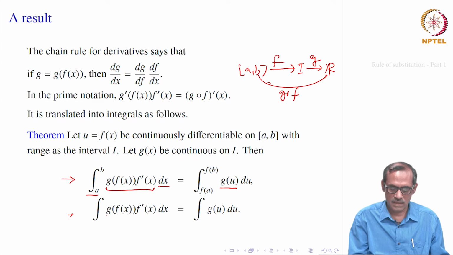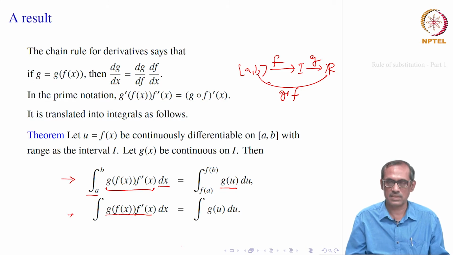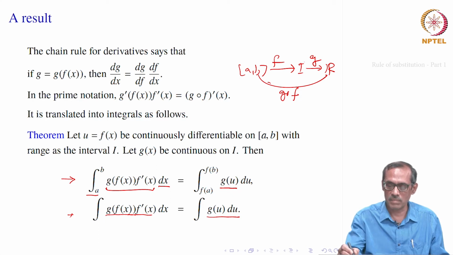The indefinite integral of g of f of x, the composite function, times f prime of x dx is the same thing as the integral of g of u du, where this u is really an abbreviation for f of x. So, that means we are concerned about the function g, integrate g of u, it is the same thing as writing g of f of x and f prime of x dx.